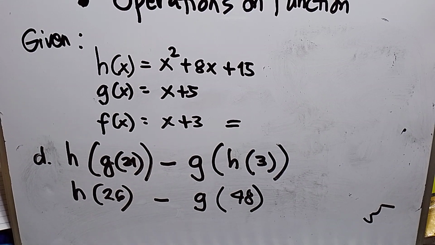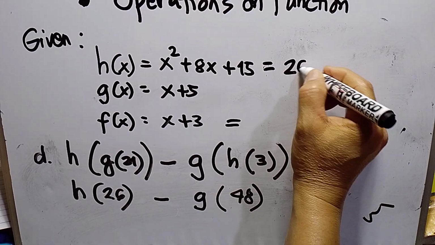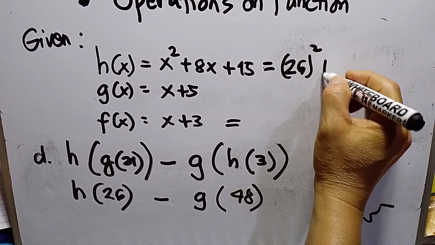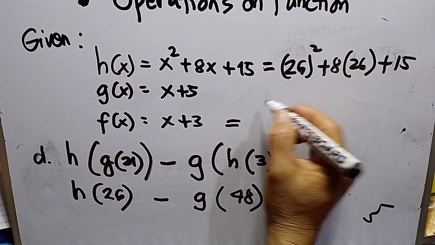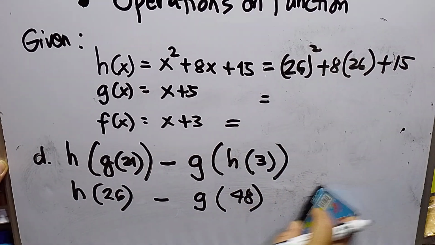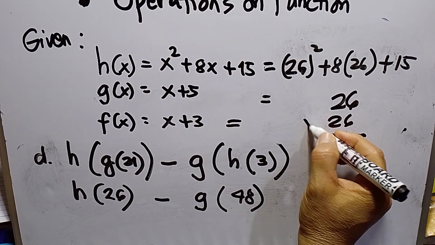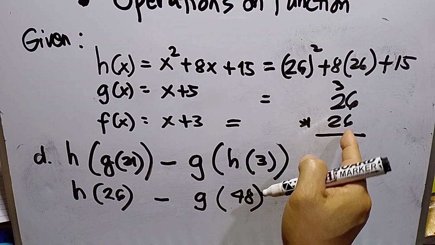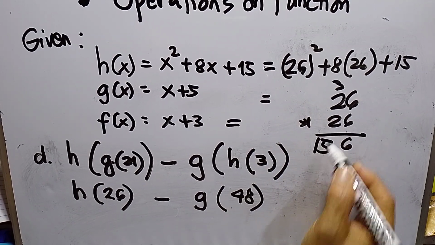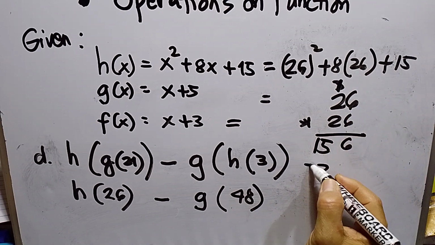So h of 26: 26 squared plus 8 times 26 plus 15. So what is 26 times 26? 26 times 26: this will be 36, carry 3. 12, 15. 12, carry 1. 4, 5.